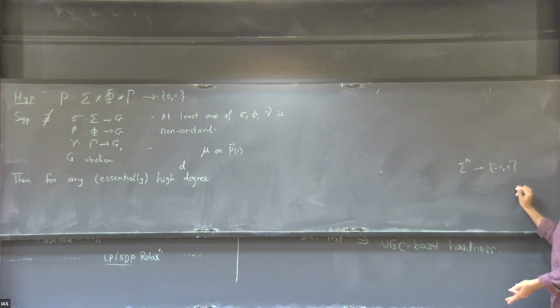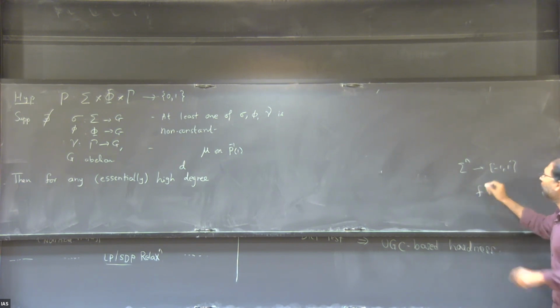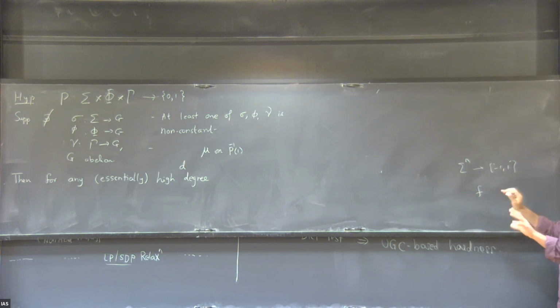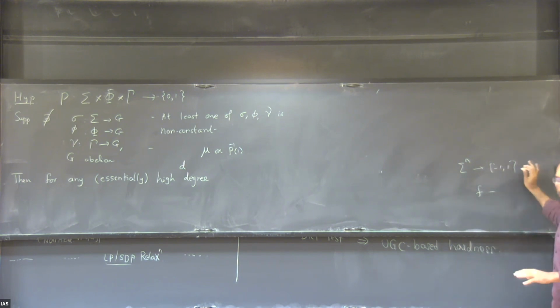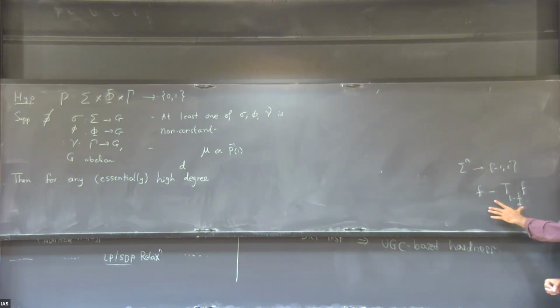So morally speaking, when I say essentially high degree, what I really mean is start with any function and then take out the low degree part. The low degree part is defined as the Beckner operator, 1 minus 1 over d, applied to the function. So this is the low degree part, and then you take it away. This is what I mean really by essentially high degree function. And this keeps the boundedness.